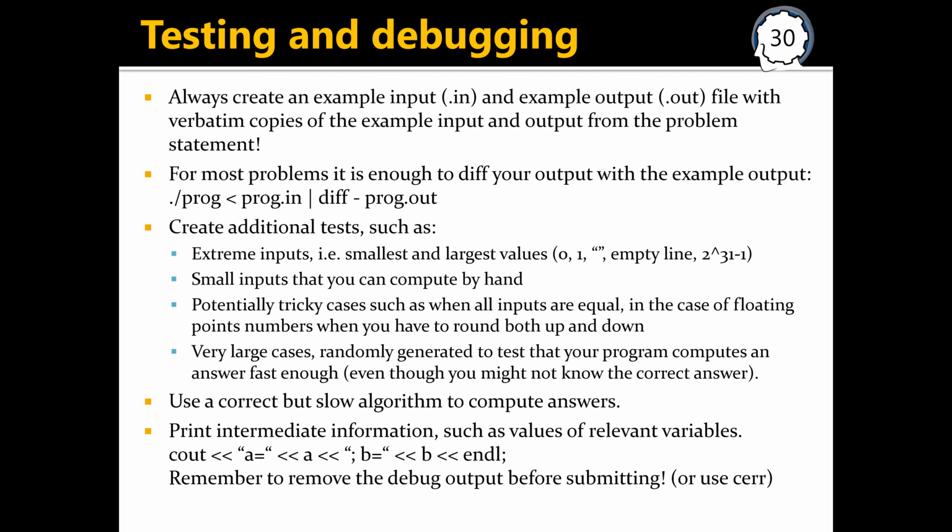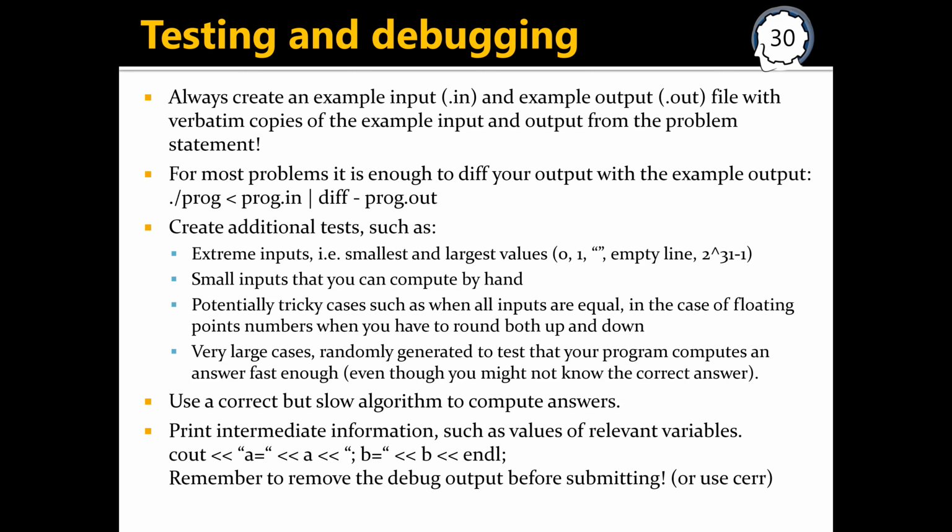Sometimes you need very large cases. This is usually hard to do by hand, but then you can randomly generate them, writing a program that generates inputs for you. Then you can check, for example, how it scales up to large problems. Sometimes you might be able to find a slow algorithm that computes the correct answer.